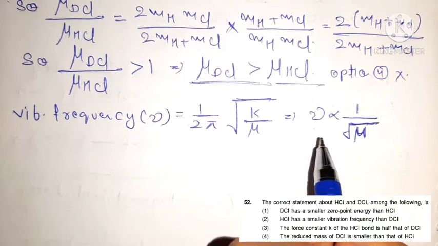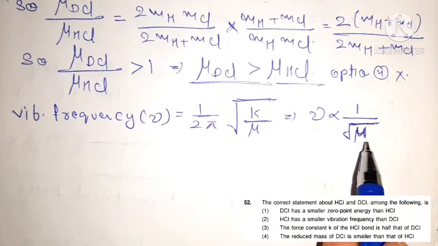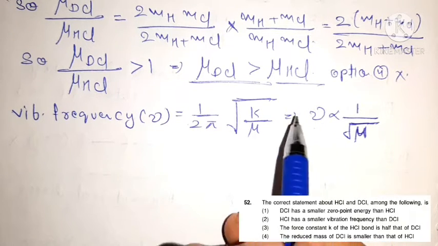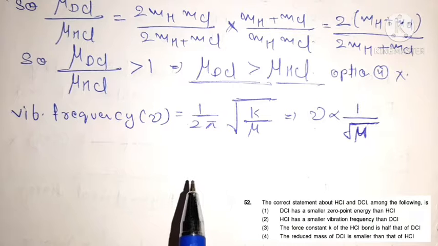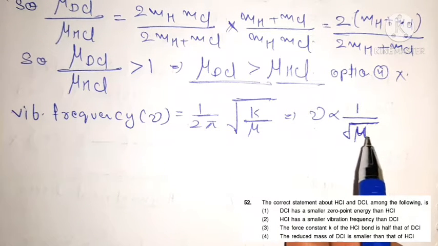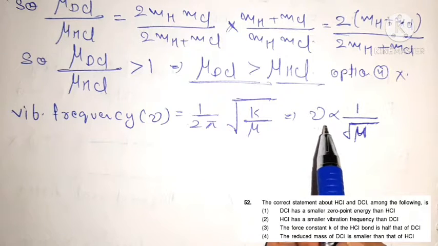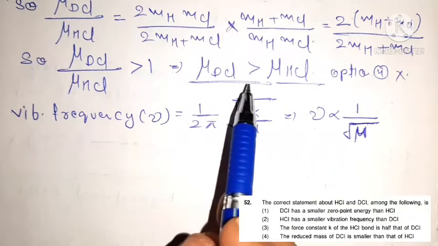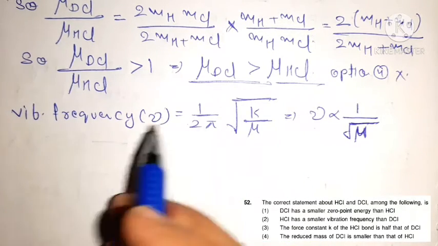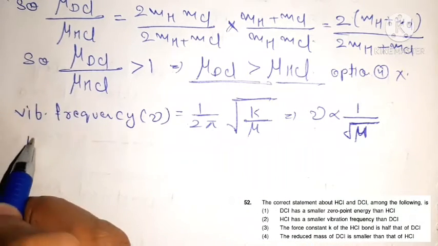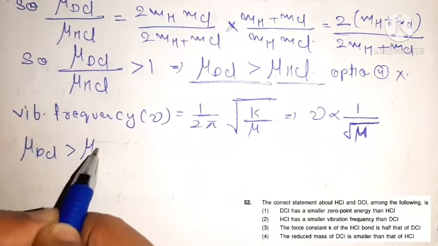That means the molecule with higher reduced mass will have lower vibrational frequency, and in this case we conclude that your reduced mass of DCl will be greater than HCl.